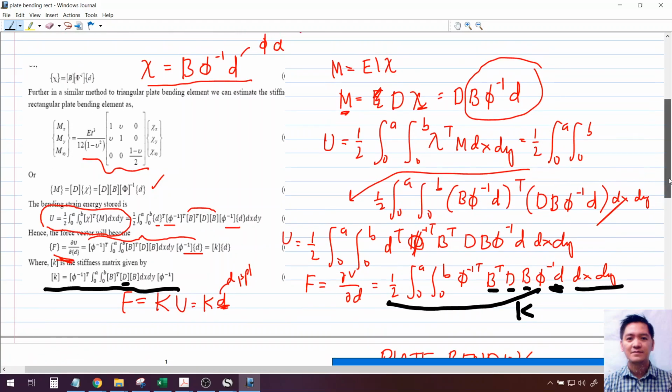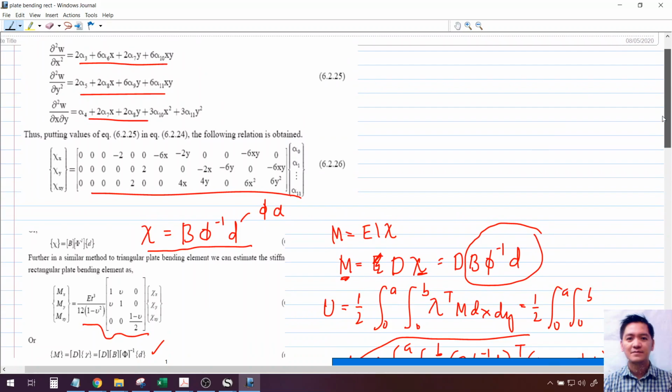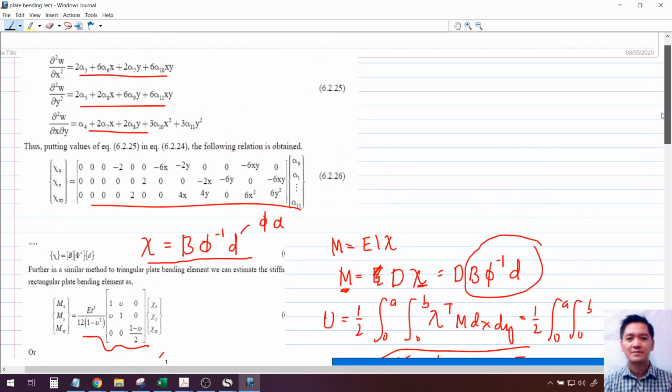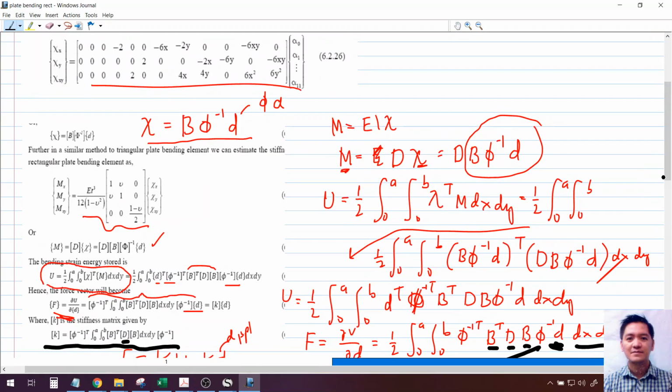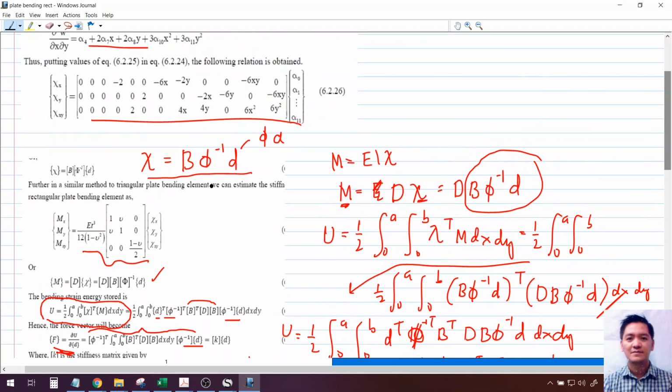Okay, so that's it. So again, phi, as I told earlier, parang constant matrix to, a matrix consisting of real numbers, kasi in terms of the coordinates. So phi, alam na natin to. B is where? Ito, right?